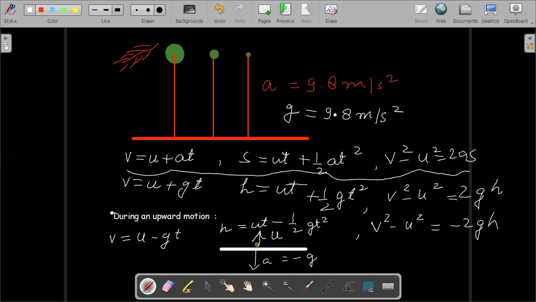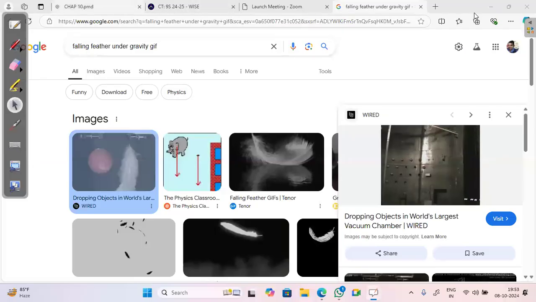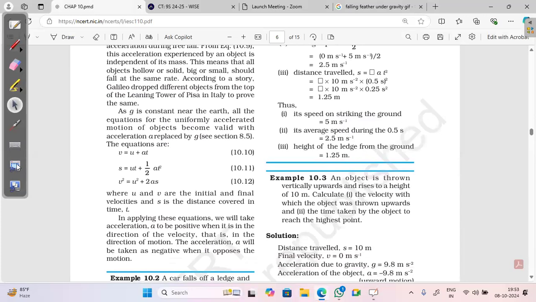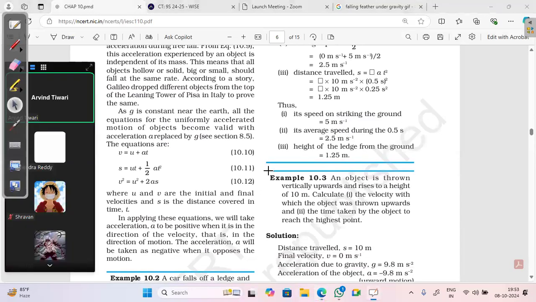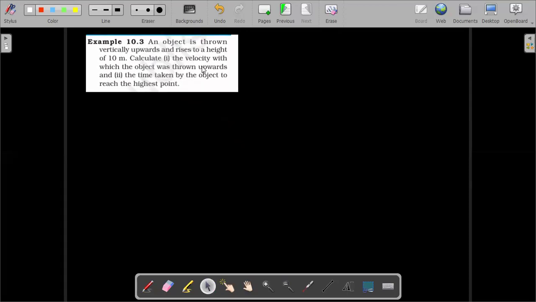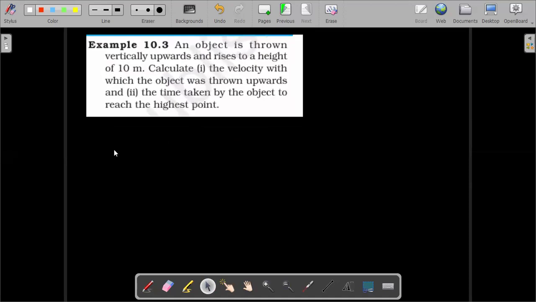We will see some questions now. So here, this question, let's see. Just go through this question. Everyone go through this question.